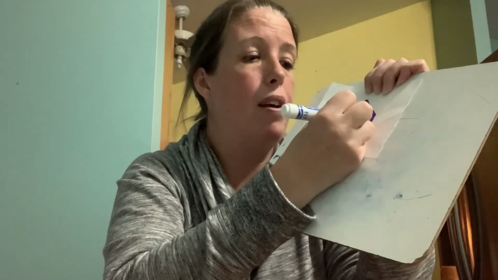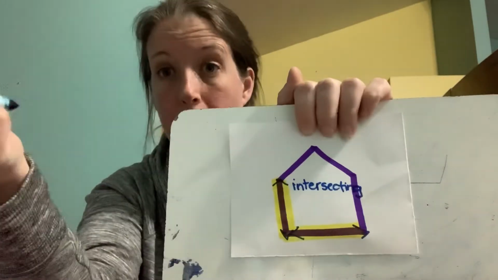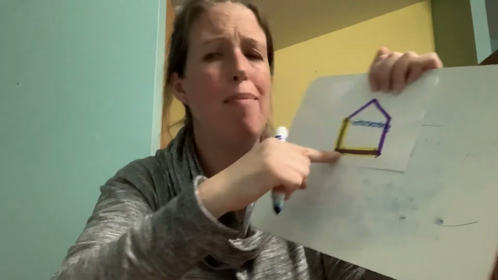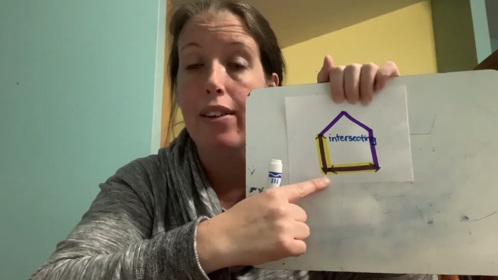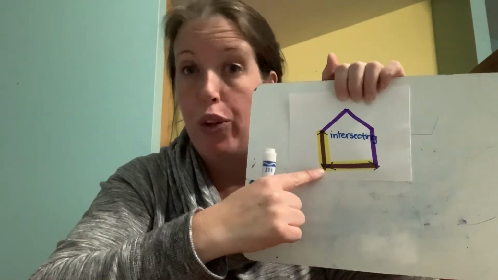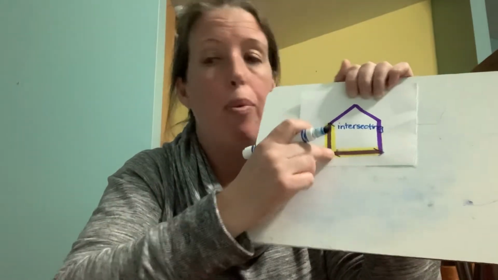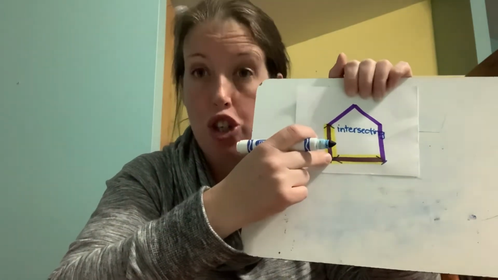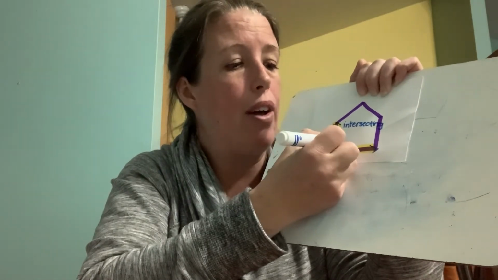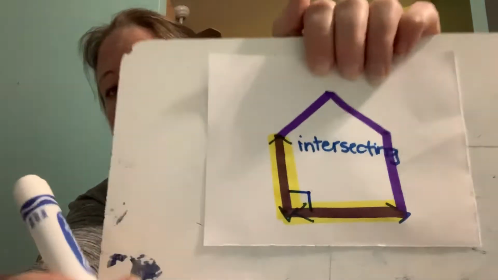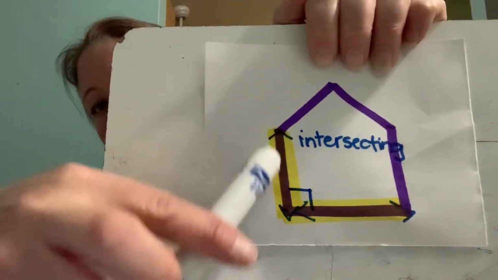They meet. And when they're intersecting, I have to ask myself one more question. When they meet, do they create a 90-degree angle? Sometimes I'll have a clue because they'll put a box to show that they met at a 90-degree angle. But here I can tell that, look, right where they're crossing makes a perfect L shape.